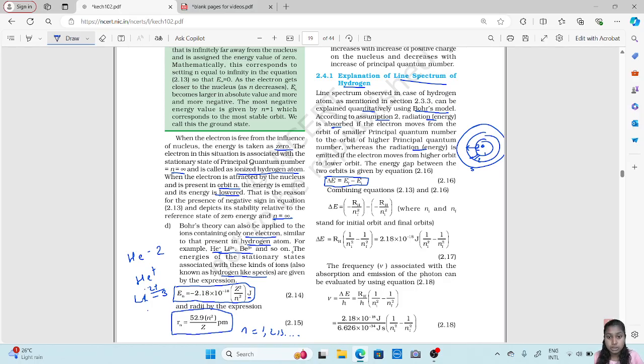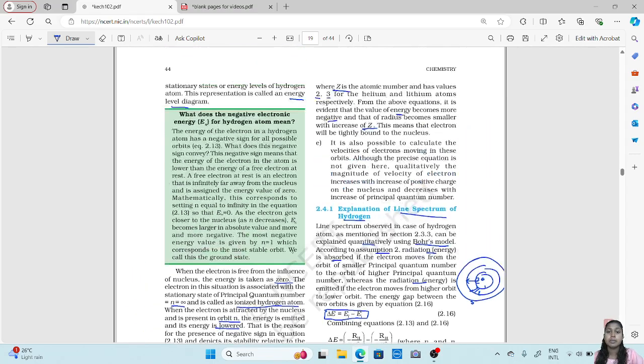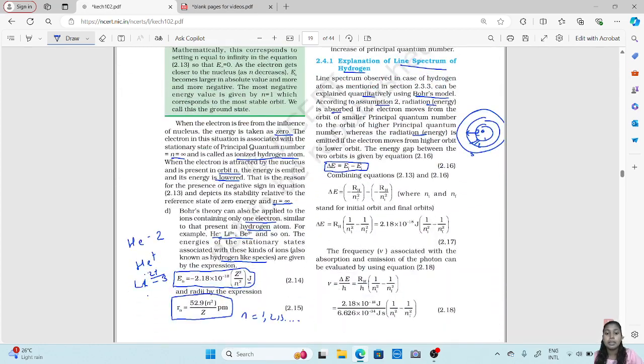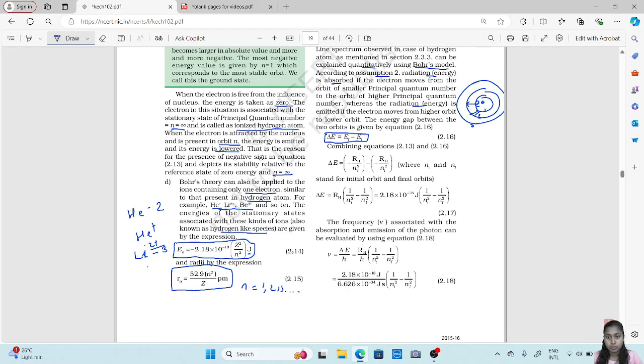Combining this equation, that is En equals minus RH upon n square, we use Ni and Nf in place of N1 and N2.